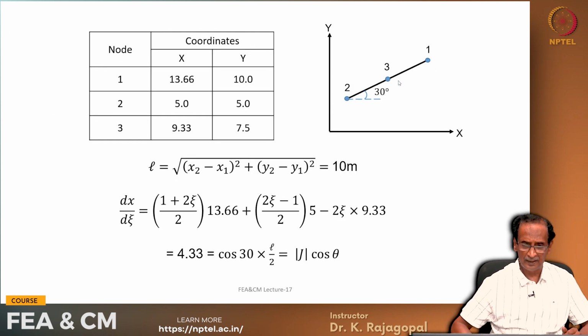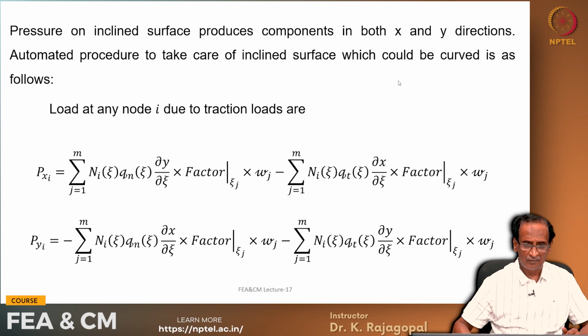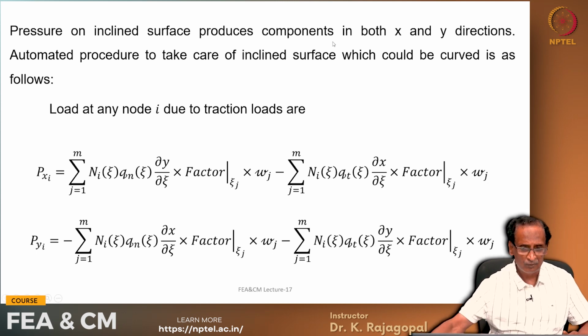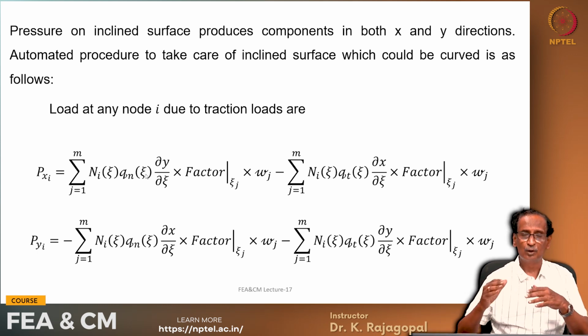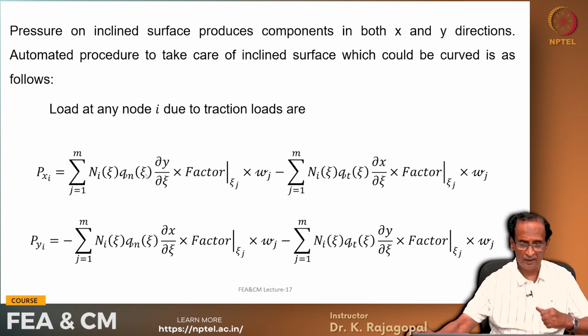So by combining the whole thing, we can write our load at any node, Px, in terms of our sine and cosine terms, because sine and cosine are related to ∂x/∂ξ and ∂y/∂ξ.